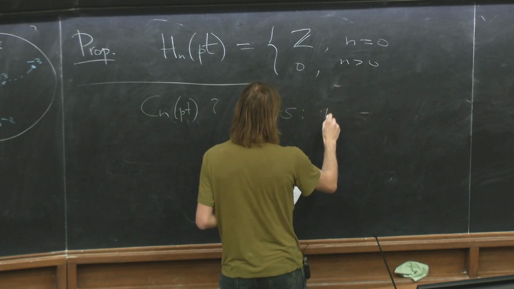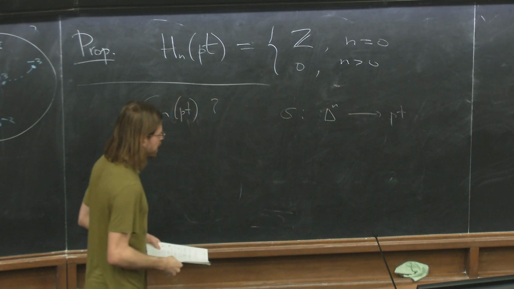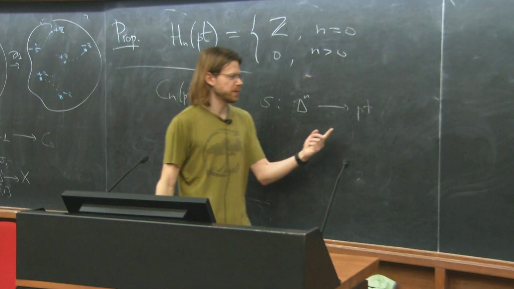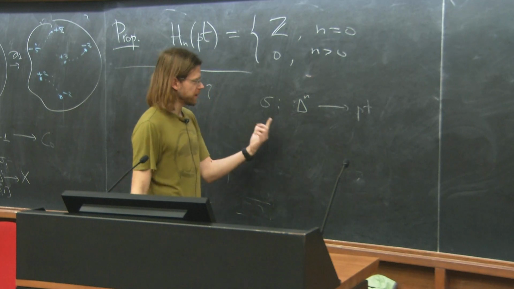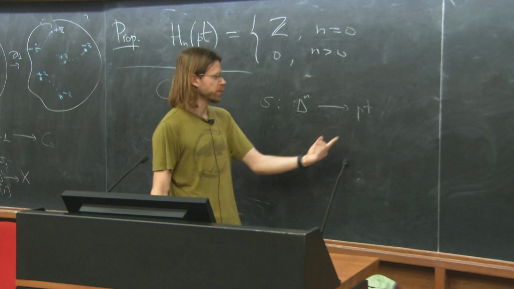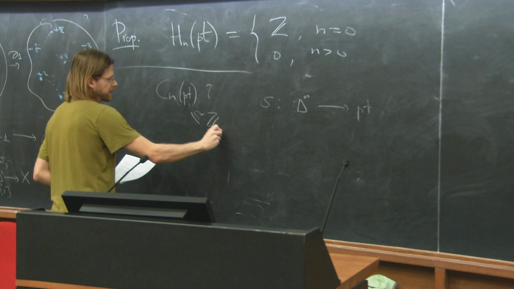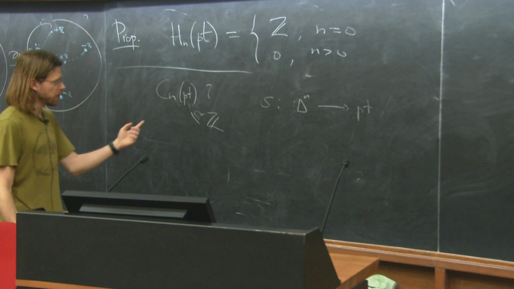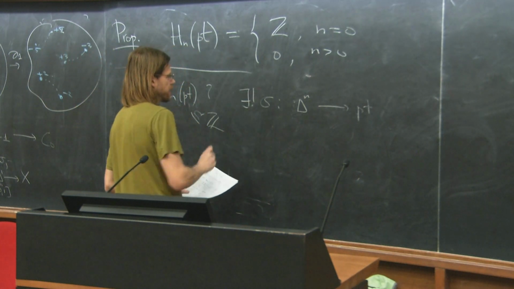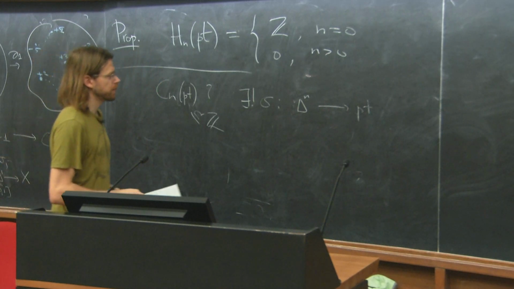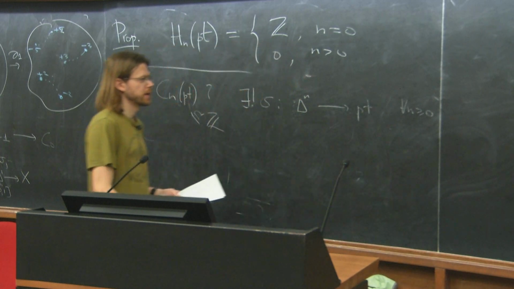For each n there is only one map like this, because there's only one way to map anything to a point. So this is just Z, one single generator. There exists a unique sigma for any n greater than or equal to 0.